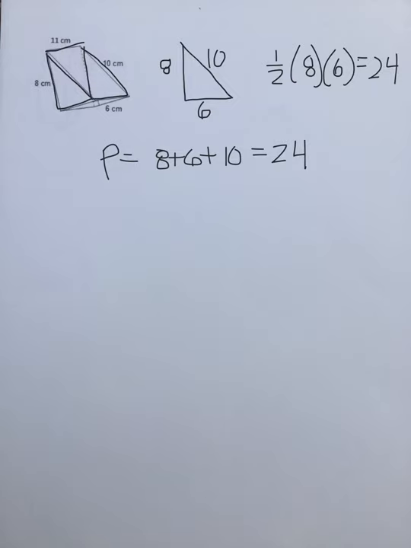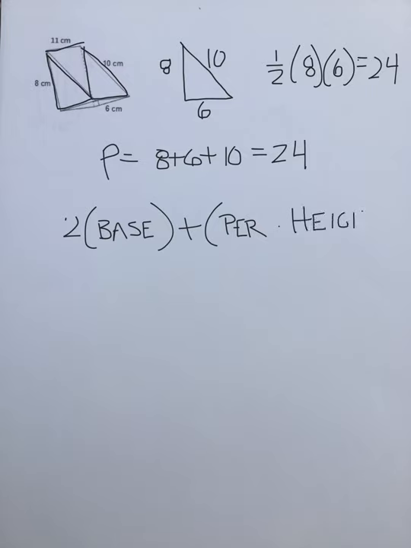So for a formula, you're going to do 2 times the area of the base, plus you're going to take the perimeter, in this case 24, and multiply that by the height of the entire prism. The height is also the distance between the bases.